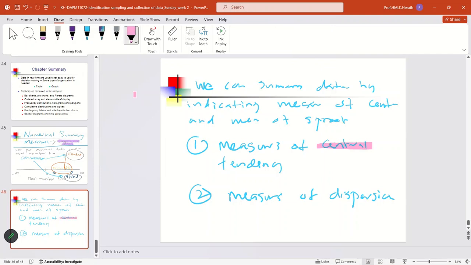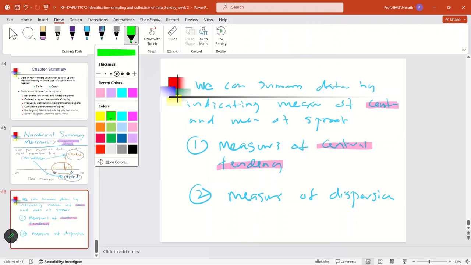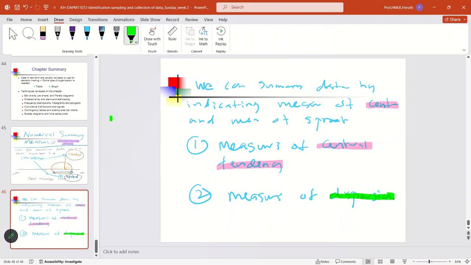Central tendency is where we measure the center of a data set. Measures of dispersion talk about the spread of a given set of data. We will take the measures of central tendency and the measures of dispersion one by one and try to understand what they are.